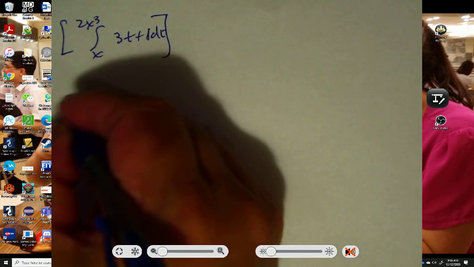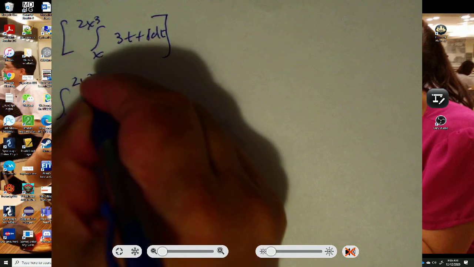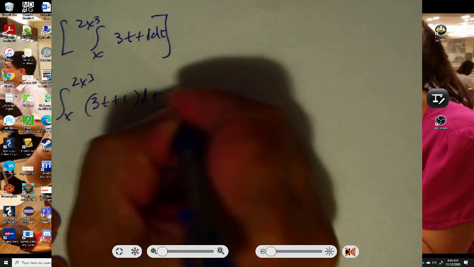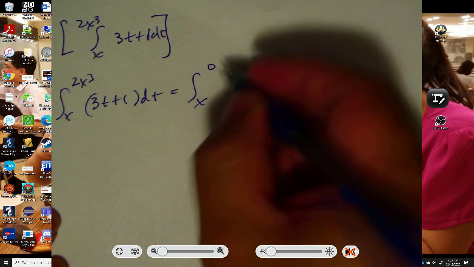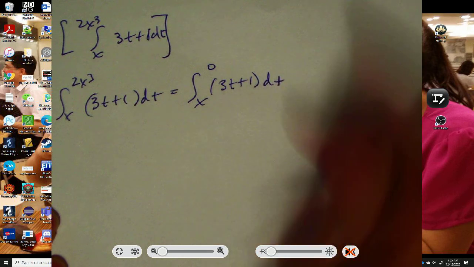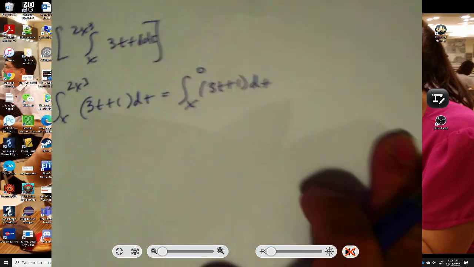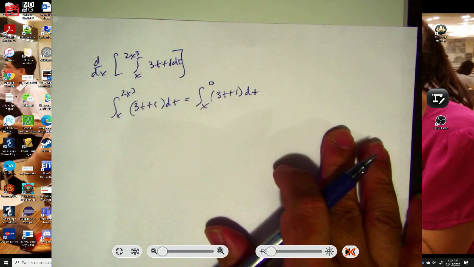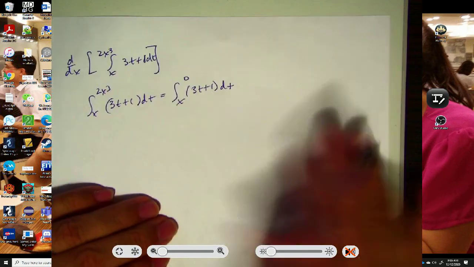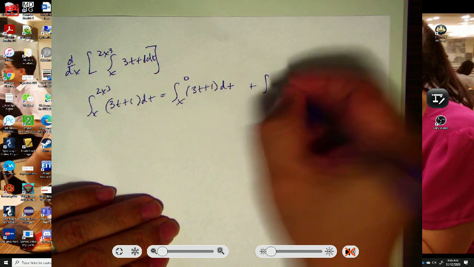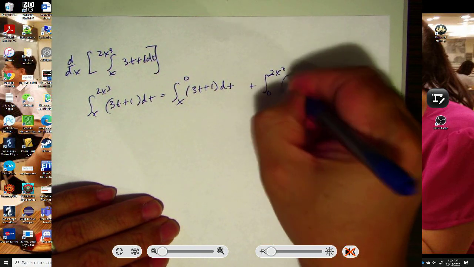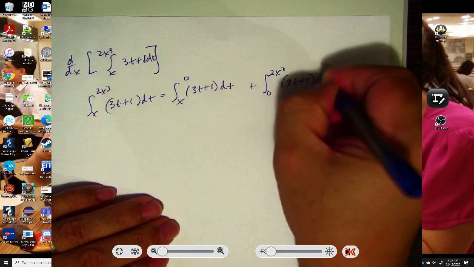So first thing we're going to do is take this and split it up. This is going to be equal to the integral from x to 0 of 3t plus 1 dt, plus the integral from 0 to 2x cubed of 3t plus 1 dt.